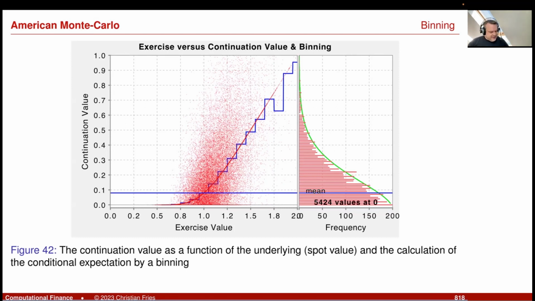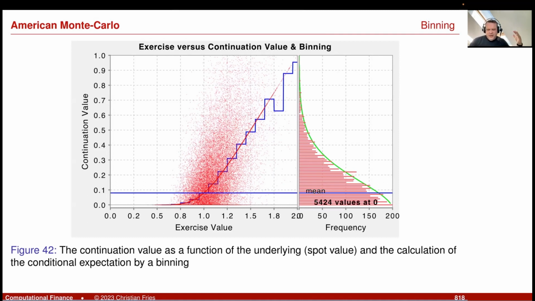But you see there is some kind of cloud of dots here, and the function that is running through this cloud of dots. Maybe there's a better way to find the smooth function going through this cloud of dots. And this will be the next method.